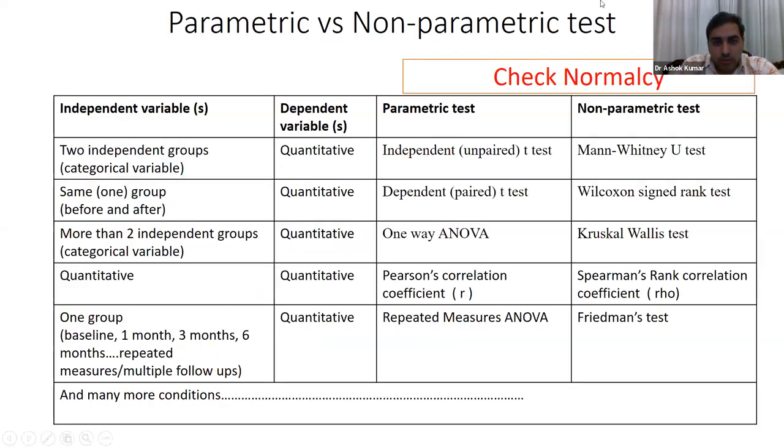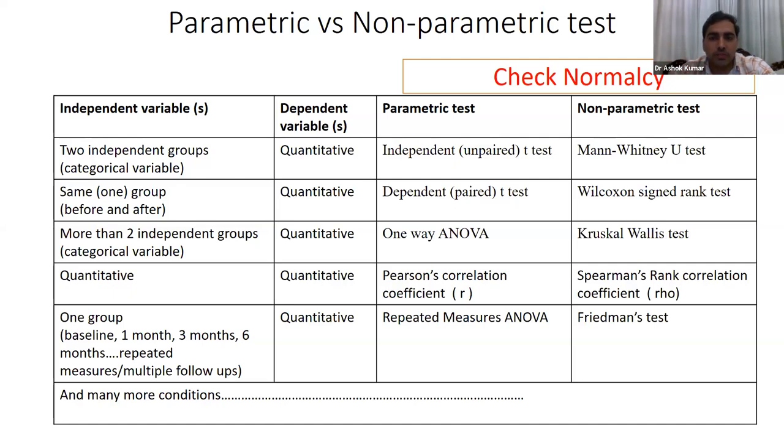So what is it? It's coming. Okay, that is parametric test and non-parametric test. Good. Parametric versus non-parametric test: which test do we have to use? Parametric is a robust and powerful test to test a hypothesis about the relationship between independent and dependent variable.